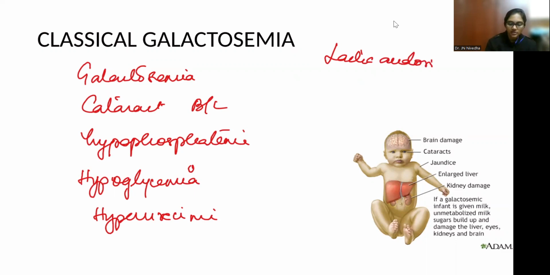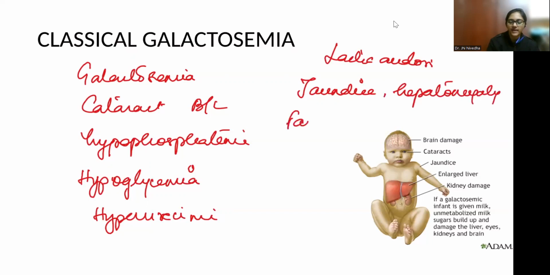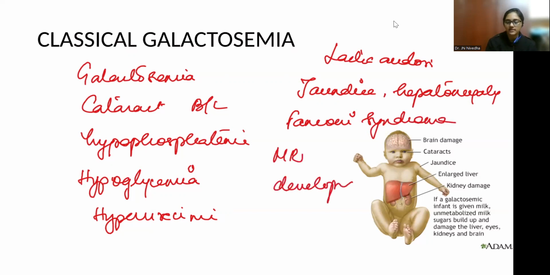And then there is jaundice and hepatomegaly, because the cells are ATP depleted. Also Fanconi syndrome. And then there is mental retardation, developmental delays, and hypotonia.